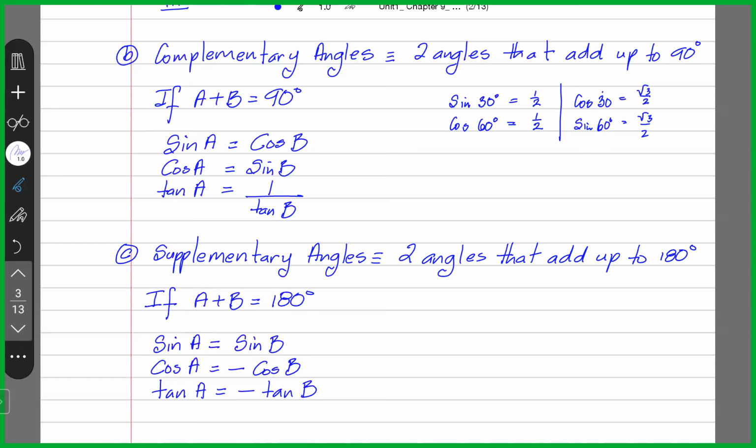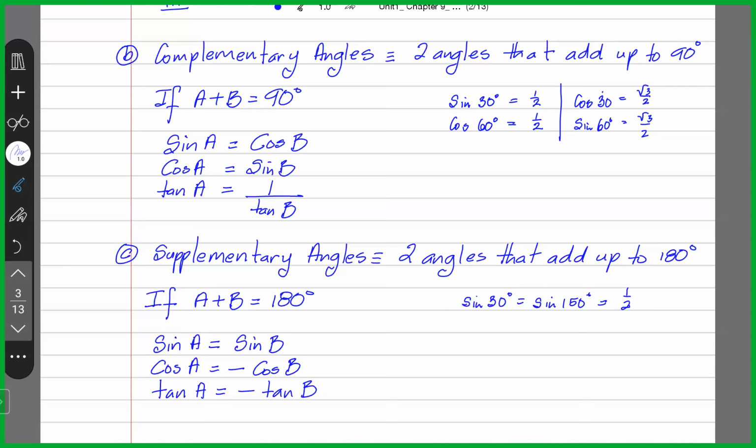Supplementary angles. Supplementary angles are two angles that add up to 180 degrees. So if A plus B is equal to 180 degrees, the sine of A is equal to the sine of B. So the sine of 30 degrees is equal to the sine of 150 degrees, which is equal to a half, because 30 plus 150 degrees gives you 180 degrees.